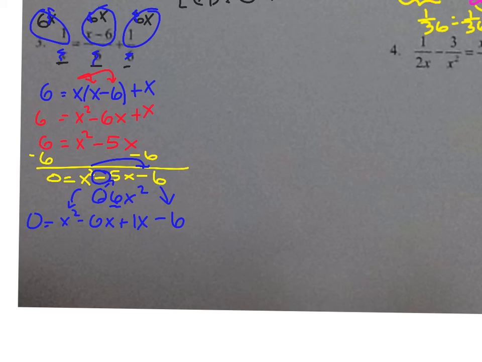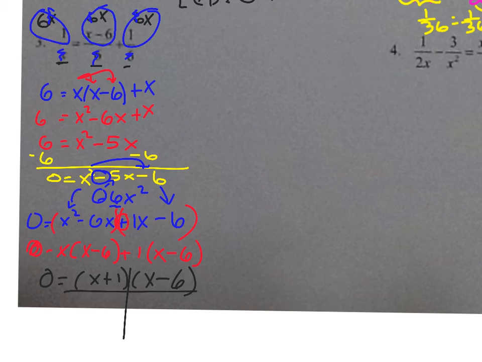All right, now we factor by grouping. So group the first 2, group the last 2. The GCF of the first group is x, and then we're left with x minus 6. Notice there's a plus here, so I put a plus here. The GCF is 1, and then I have x minus 6. So my factors are x plus 1 and x minus 6.